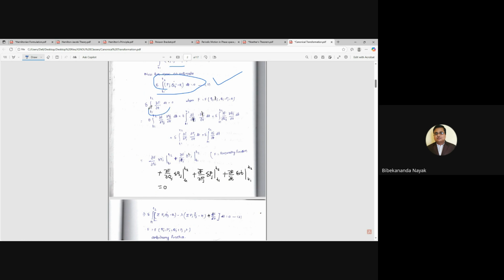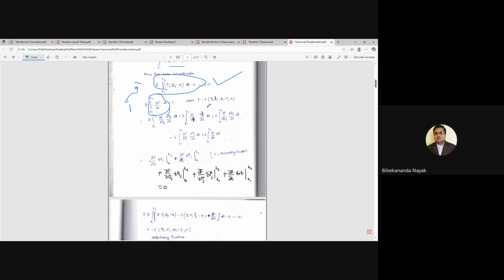Let's say its derivative will be F. So we define a function F which vanishes at both t1 and t2, the two endpoints of the motion. Suppose t1 is one point and t2 the other point, the function vanishes. If it vanishes, its variation will be 0. You cancel the constant. If F is constant here, then delta F is 0. So at the endpoints, the variation vanishes.